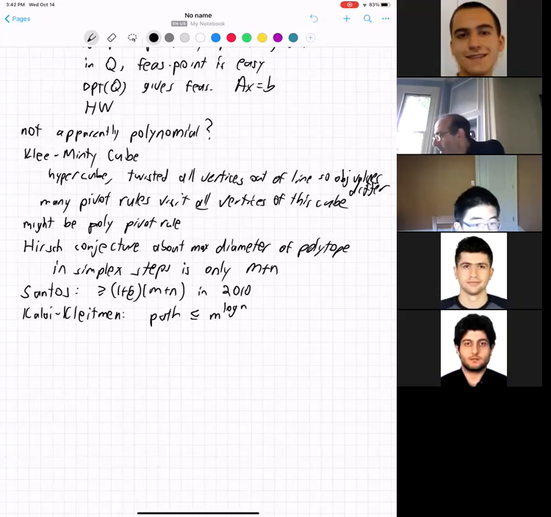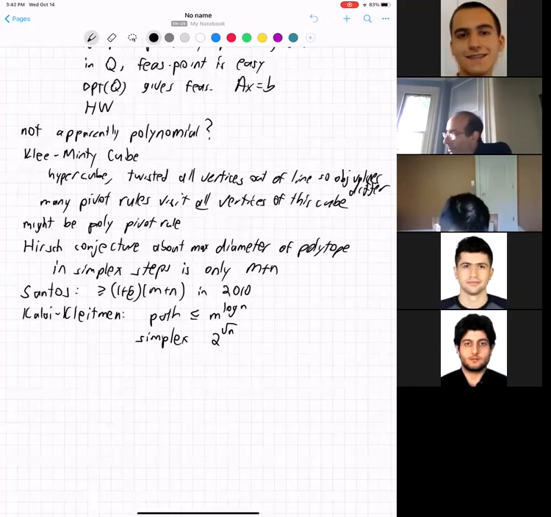So a tremendous improvement and almost polynomial if you think of log n as a small number. And they also gave a simplex algorithm with a running time of like 2 to the square root of n, which again is significantly better than the m choose n algorithm.